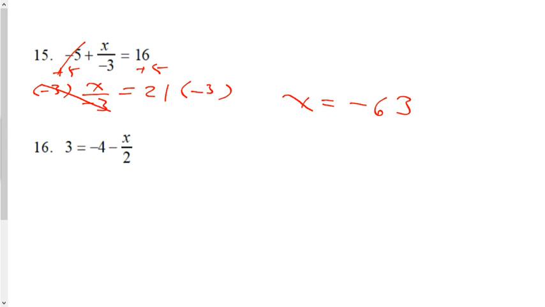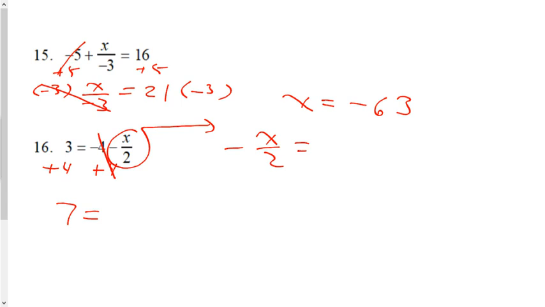What's the constant in question 16? Negative 4. So we're going to add 4 to both sides, getting rid of the constant. You have 7 equals. Now keep in mind, this is the same thing as this, which is the same thing as this, which is the same thing as this.